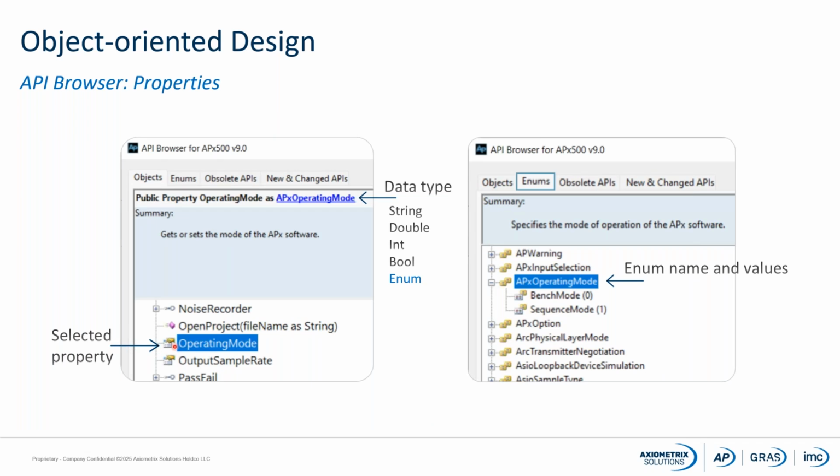So once you find a property that you're interested in, if you click on it, you'll get both a summary of what the property relates to, as well as an indication of the data type of the property. And if it's an enum or enumeration type, then if you click on this, it will link over to the related enum on the enums tab. So this will show you what values this specific property accepts.